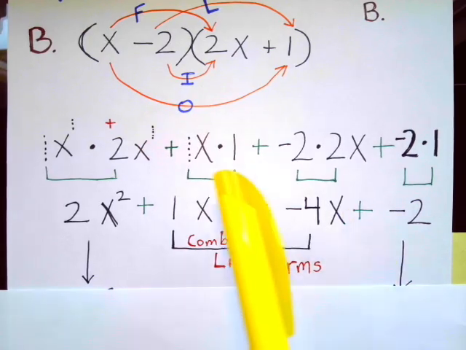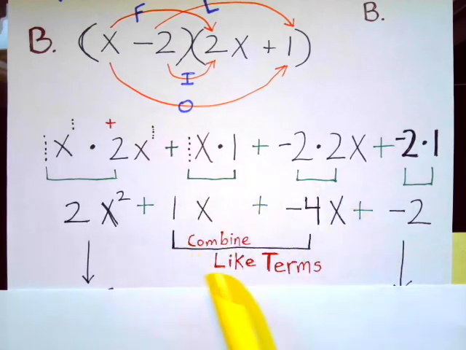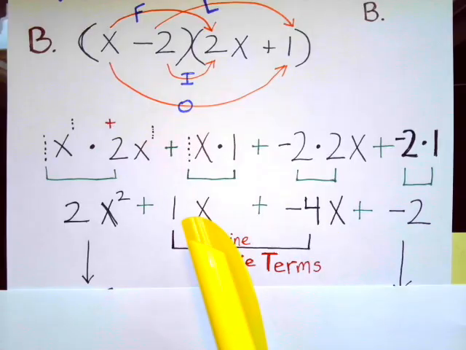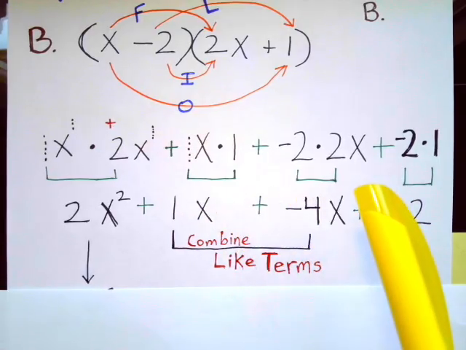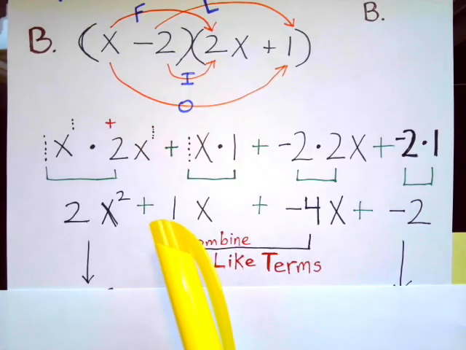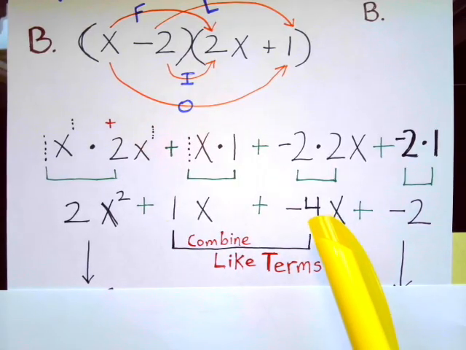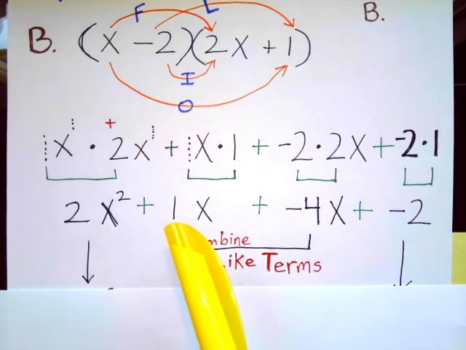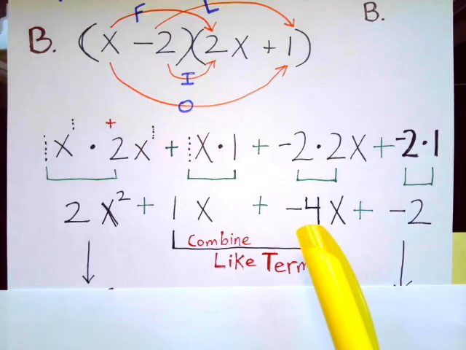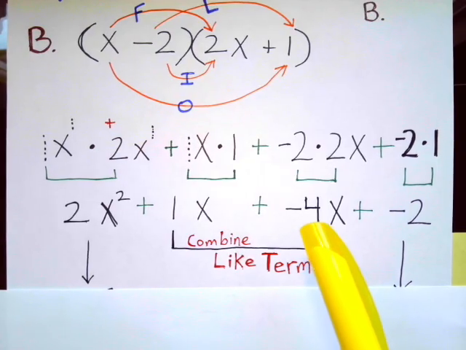So here you can combine these like terms. If you're unfamiliar, check out my video on like terms. It's very helpful. Like terms versus unlike terms. A like term has the same variable, that's the same letter, and the same exponential power. Here it's to the power of that invisible 1. So 1 plus a negative 4. You can look at it as, hey, you have $1, but you need to borrow $4. How much do you owe and pay back?